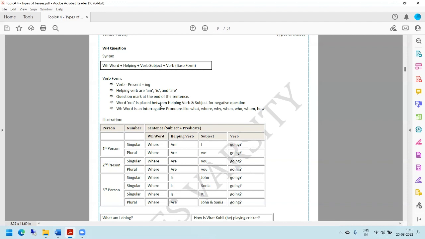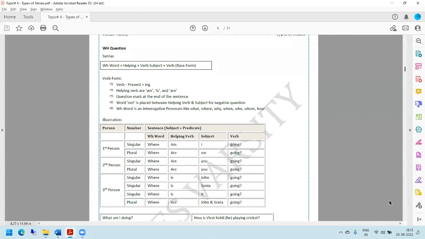For the helping verb, is, are, am are used. Since it is a question, it should end with a question mark. If the word "not" is used, it should be placed before the verb, not before the subject.